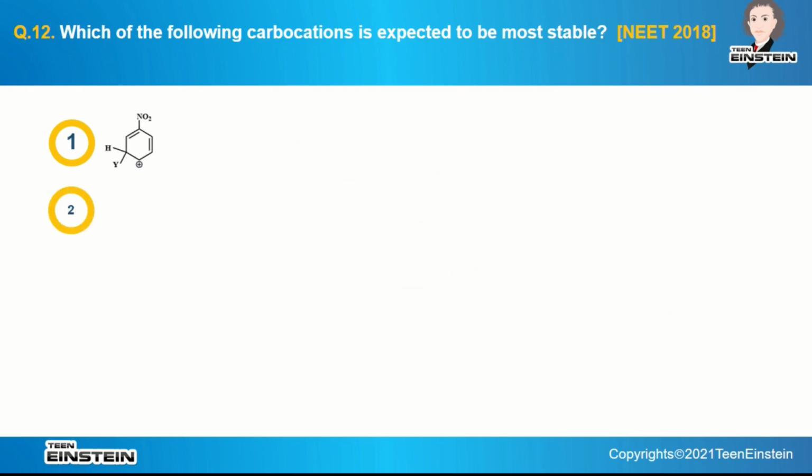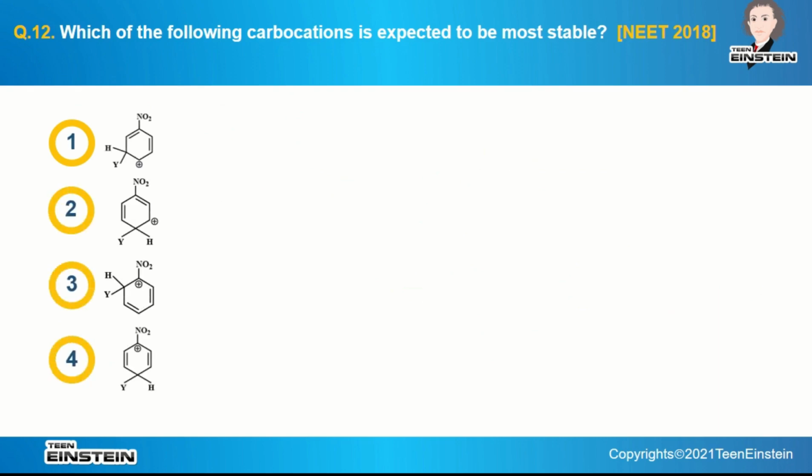So let's move on to the next question. Which of the following carbocation is expected to be more stable? So here we see the nitro group, which shows electron withdrawing minus I effect. So here the carbocations directly attached to the nitro group are highly unstable.